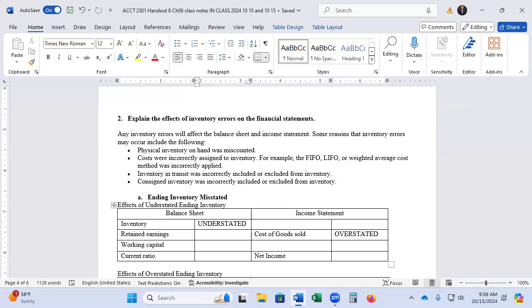And then you have retained earnings, and then you have revenue, and then you have minus the expenses, right? So if revenues and expenses roll up into retained earnings, if expenses are overstated, then retained earnings is going to be understated because that's more expenses.